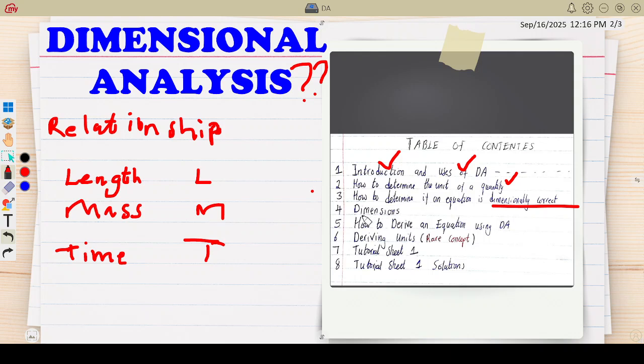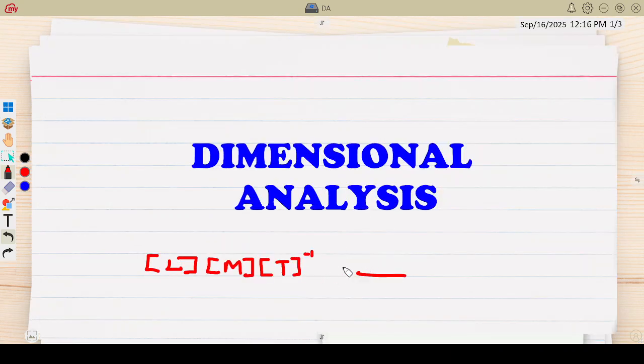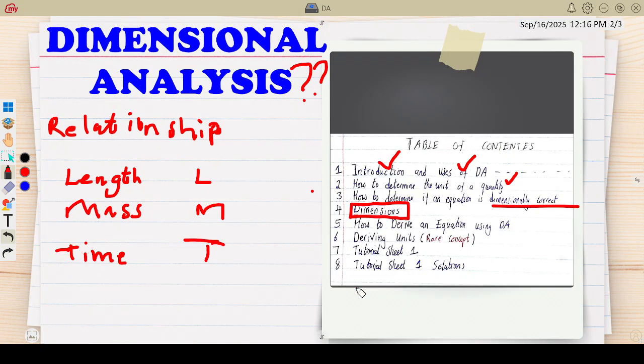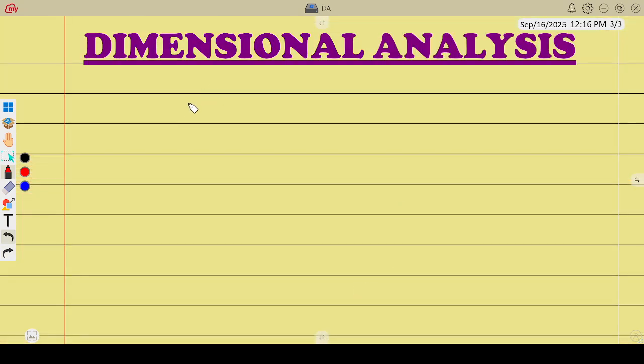But before we can go there, first let me just explain on dimensions. So dimensions are these things which you can see here. So what are dimensions? Dimensions, they are basically a representation of a physical quantity. We already said length.